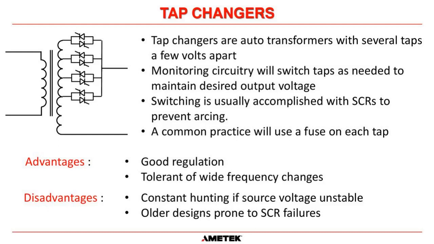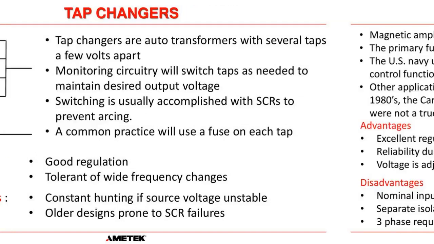As I've hinted at, the older designs were prone to SCR failures, and consequently, when the SCRs failed, they took out transformers. I think we've designed that problem out of our new tap changer here, which is why I like it.